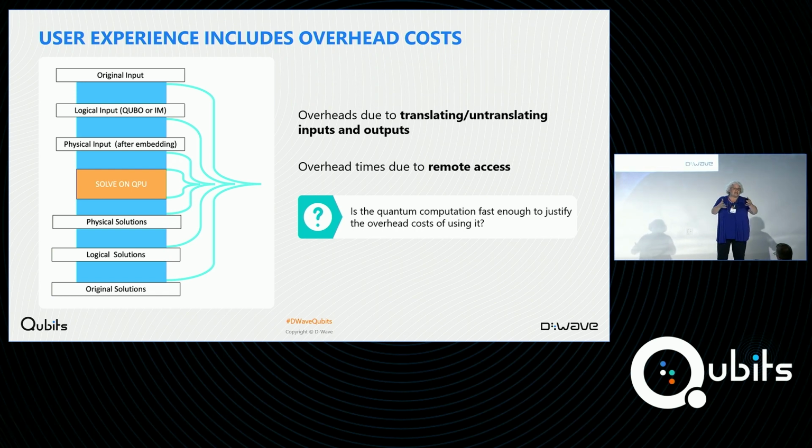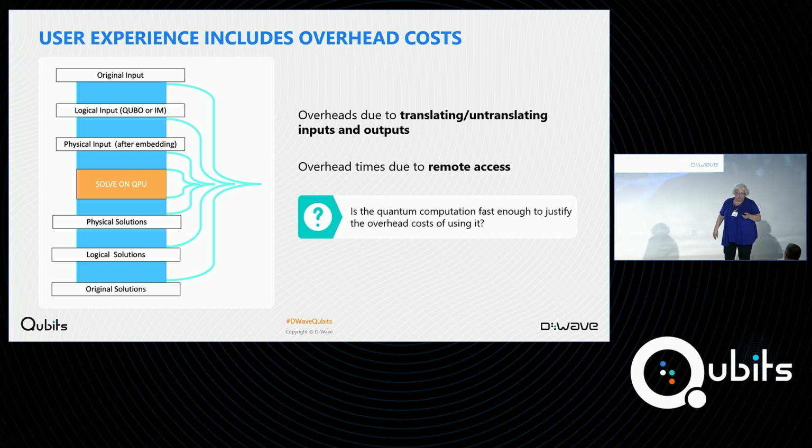All of these classical steps surrounding the quantum computation add overhead to the cost. A user who's actually using our quantum system is going to experience these overheads as time delays. We need to be able to answer the question: is the quantum computation fast enough and powerful enough to pay for the overhead of accessing the quantum system?